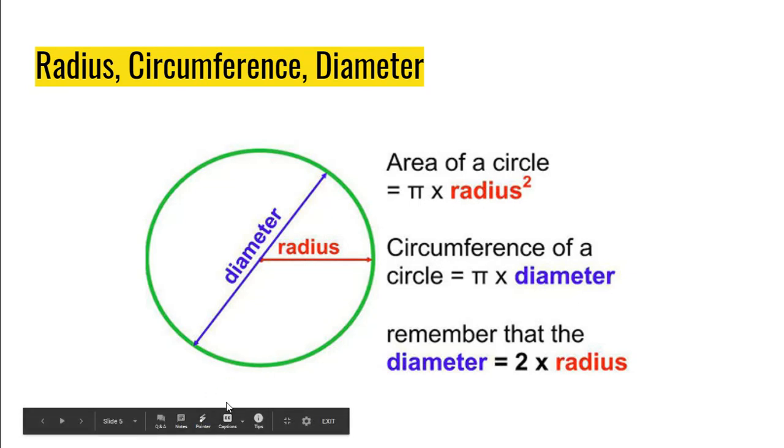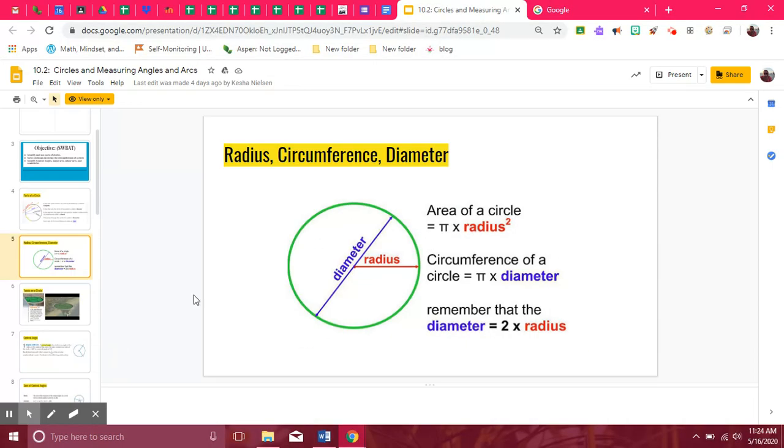Okay, so I'm going to write those down. Let me go ahead and do that. So we could say that area for a circle is equal to pi r squared. That's the same thing as pi radius to the second.